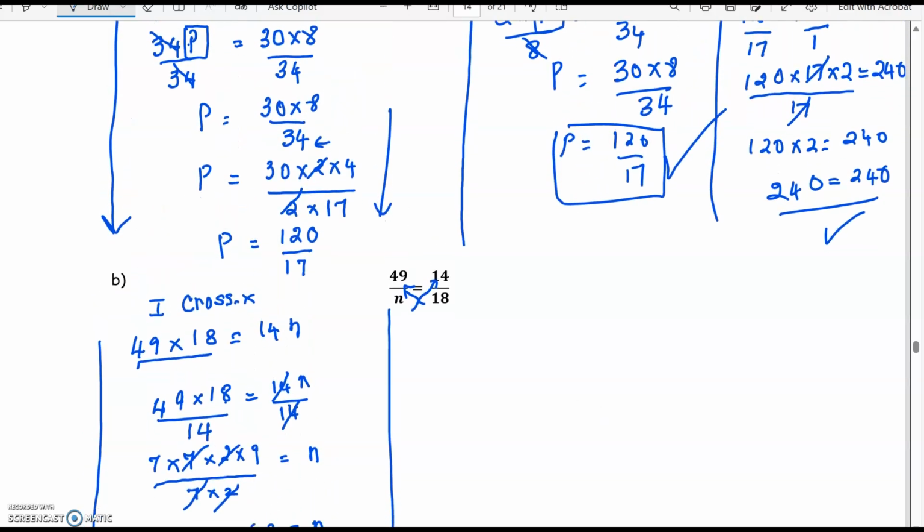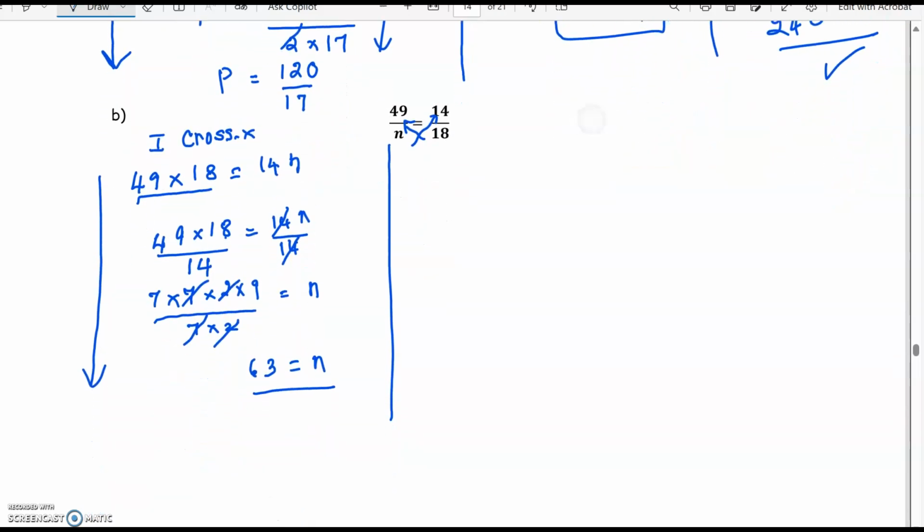Now here, I'm going to show you a different method. So we have 49 over n equals 14 over 18.